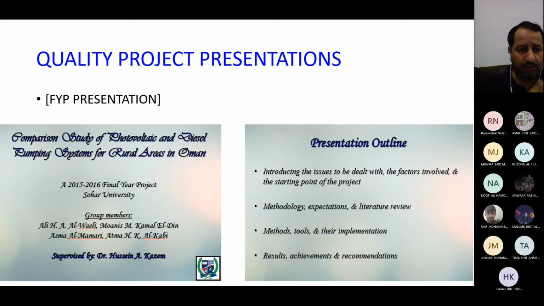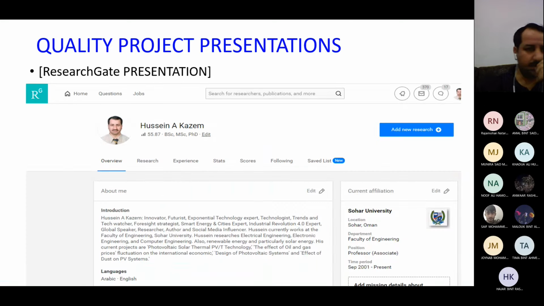Another example is from a project by students about 5 or 6 years back. Their first slide contains everything: the title, the year of the project, the name of the student, their supervisor, and the second slide talks about their outline.